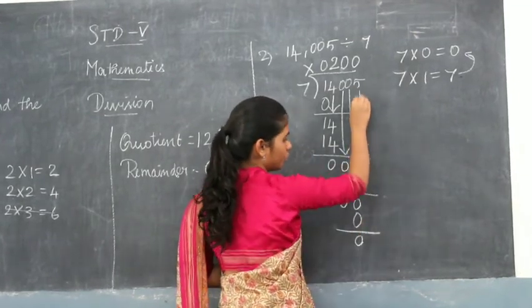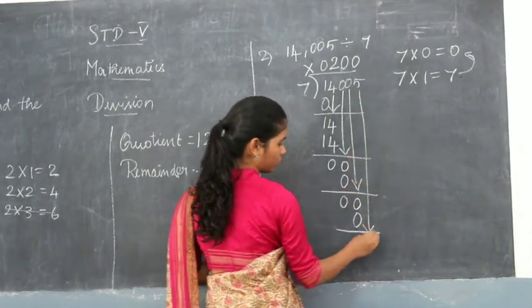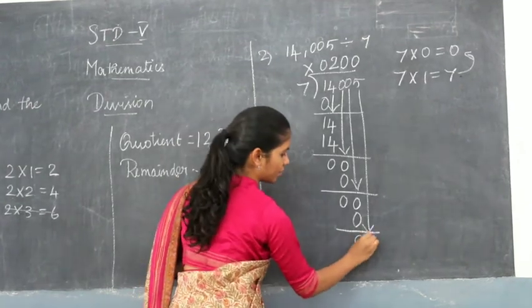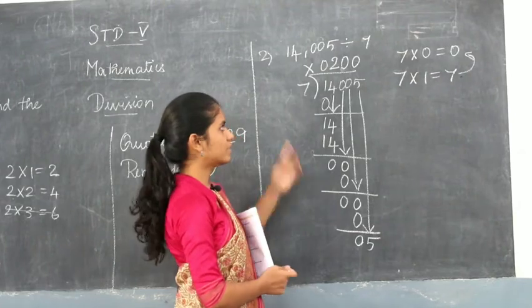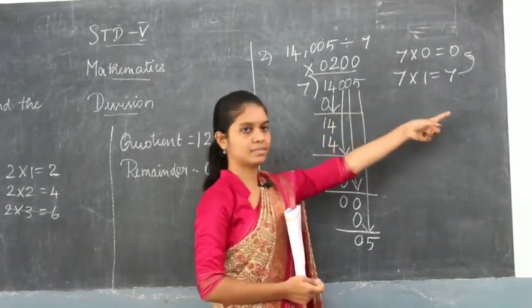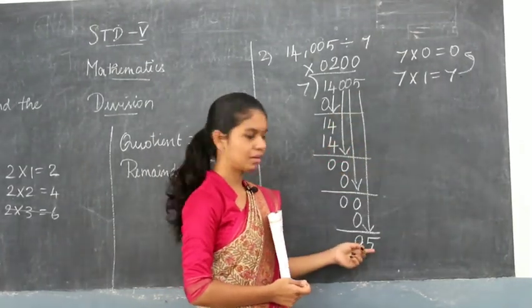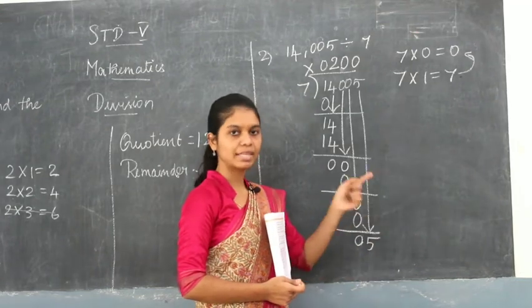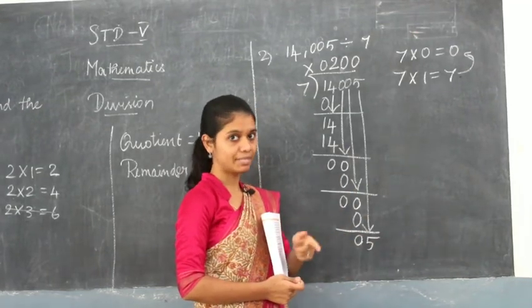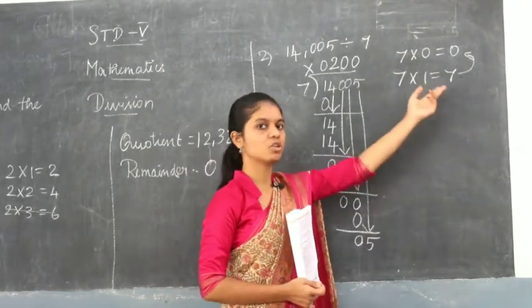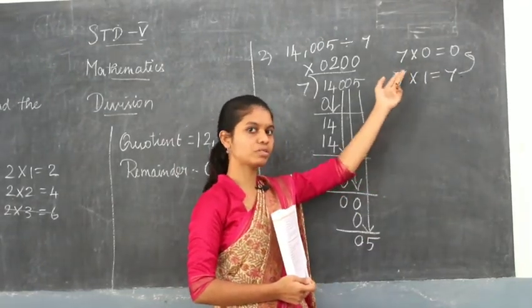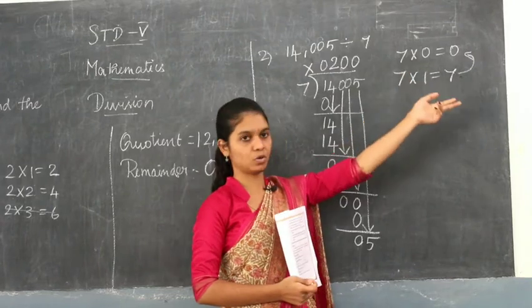Now you should bring the next number down. And you got 5 here. Now you should start telling the 7 table. 7 ones are 7. 7 is greater than 5, right? 5, then 6 and then 7. So you cannot use 7 ones are 7. The table before that is 7 zeros are 0.